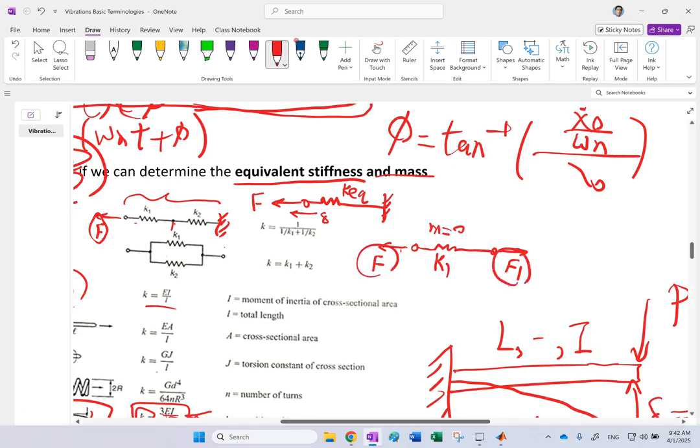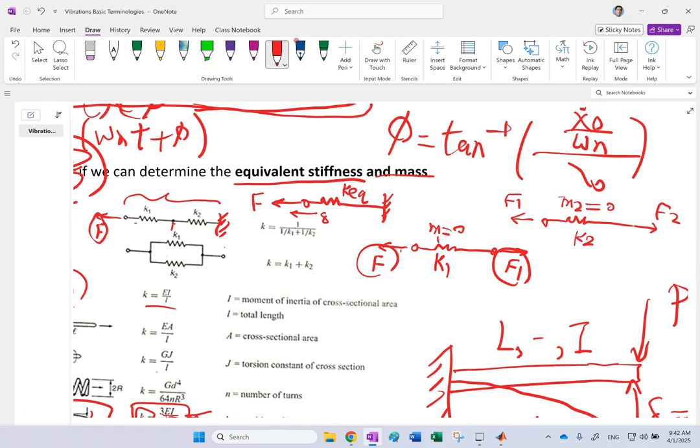And if you look at the other one, this side is F1, this side is F2. Again, if you say that M2 is 0, these are not heavy springs, then F1 should also be the same as F2.